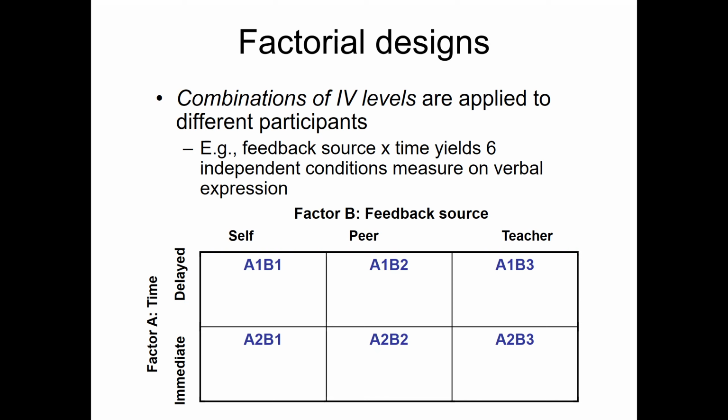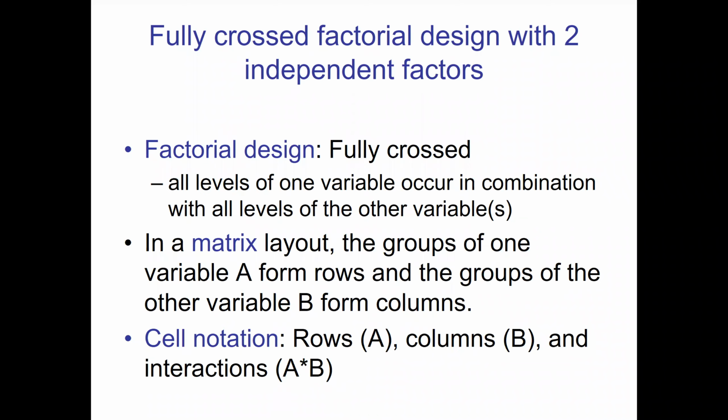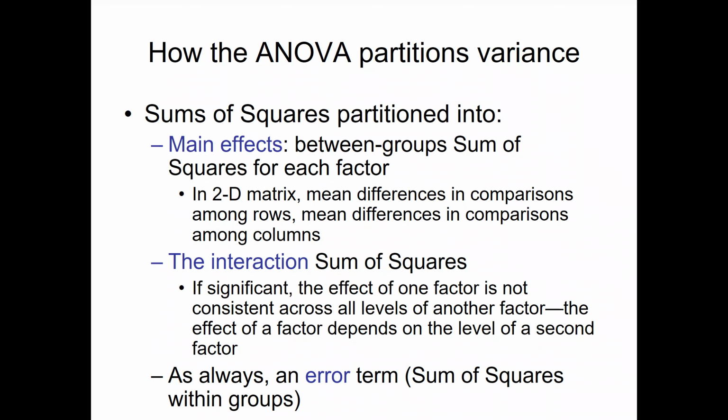Or you could be looking at the main effect of feedback source, which would be overall irrelevant of time, the effect of self-feedback versus peer feedback versus teacher feedback. And those are called main effects. It's the effect of feedback source regardless of time, or the effect of time regardless of feedback source.